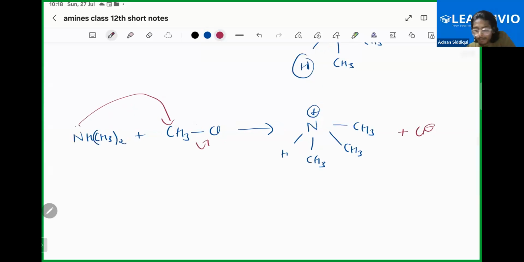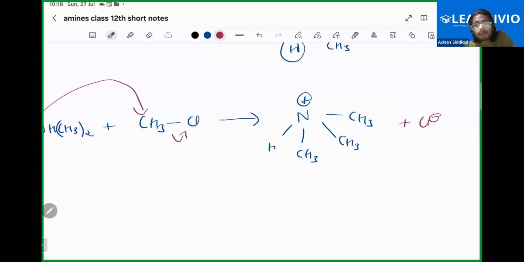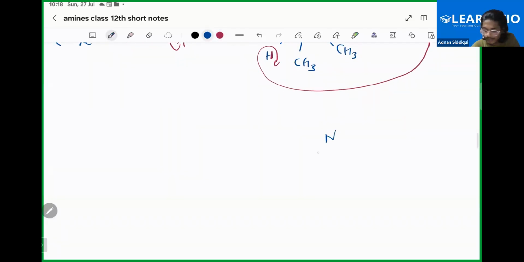Again, this compound that we have made here is able to stabilize itself by sacrificing this hydrogen, which is going to be picked up by chlorine, right? So the electron pairs are going to go over our nitrogen to stabilize it, and it is going to look like this. HCl is removed.